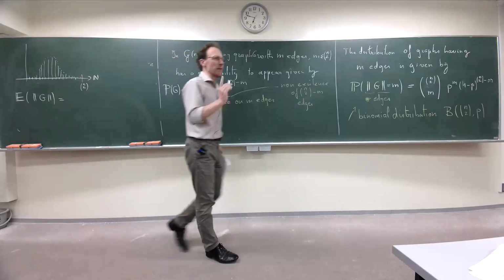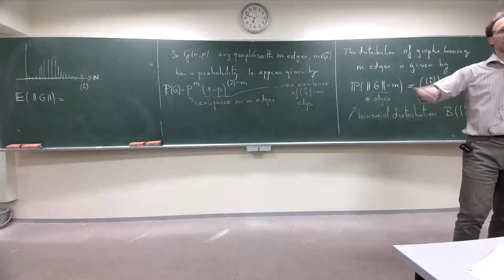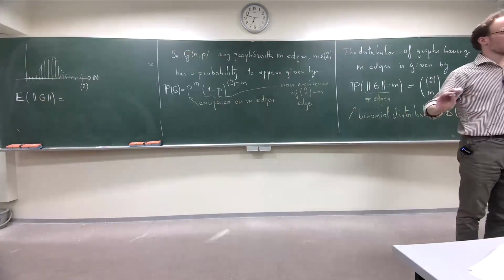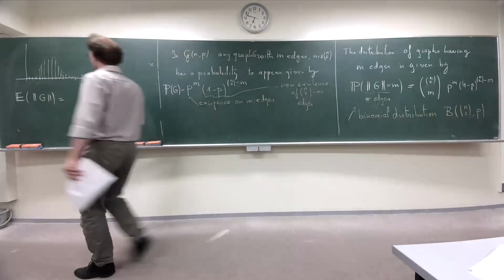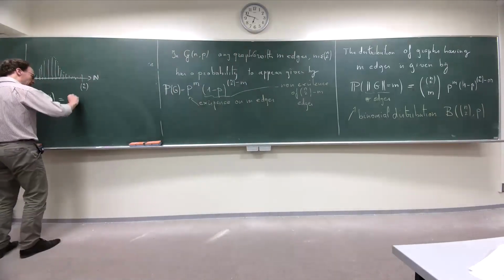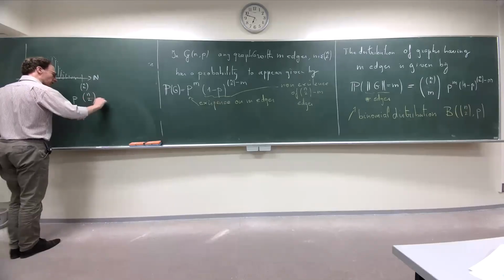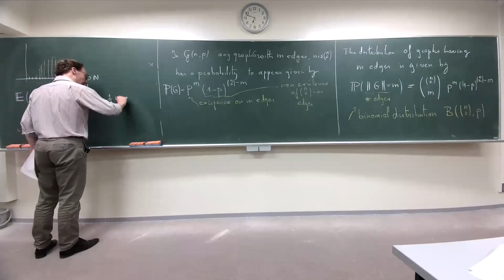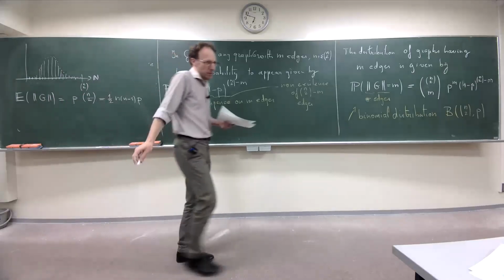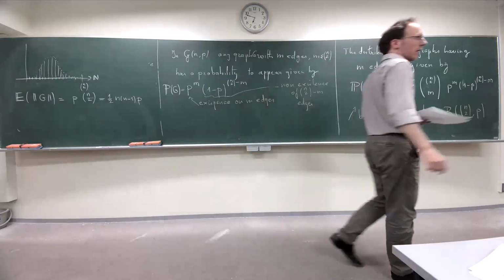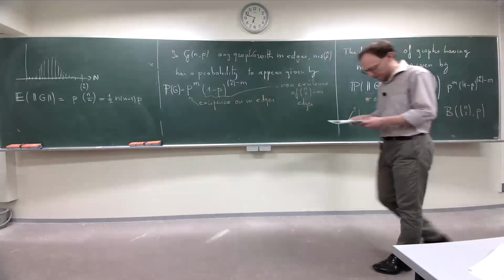Remember, they are all independent. So if you know something about one, it doesn't imply anything about the other one. Otherwise, it's much more complicated. Yes, so it is p times n choose 2, which is 1/2 n(n minus 1) times p, simply because they're independent. It's a maximal number of edges multiplied by p.